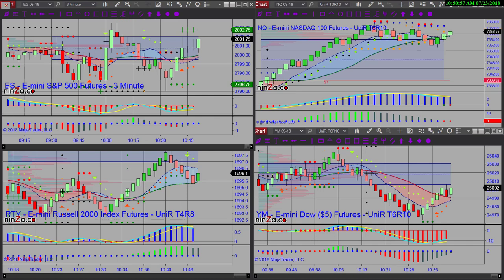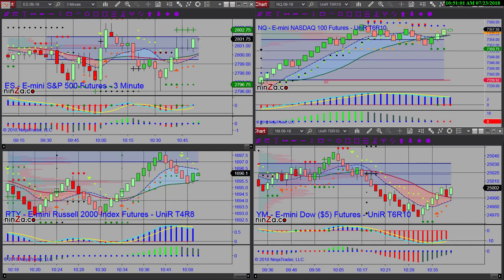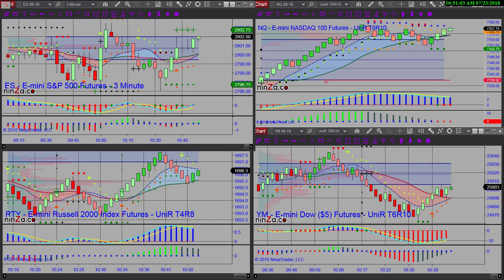And the NASDAQ is bouncing, negating any short. We could potentially be getting a long trade here. Order pending.